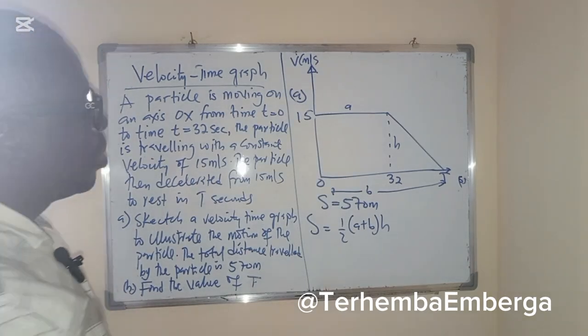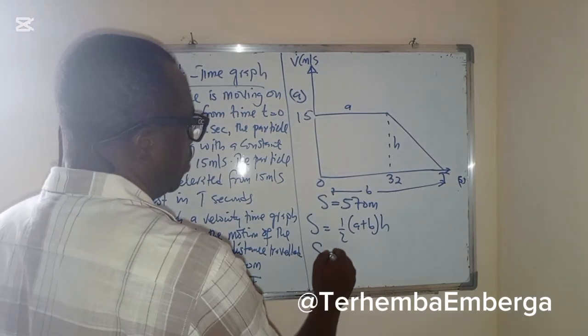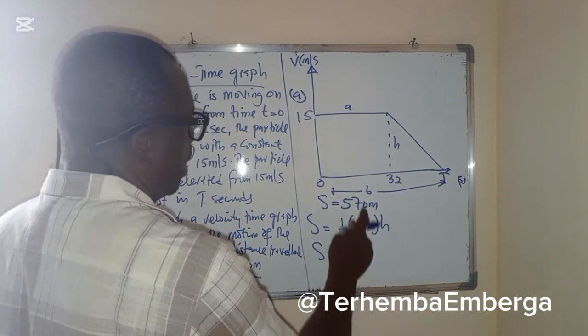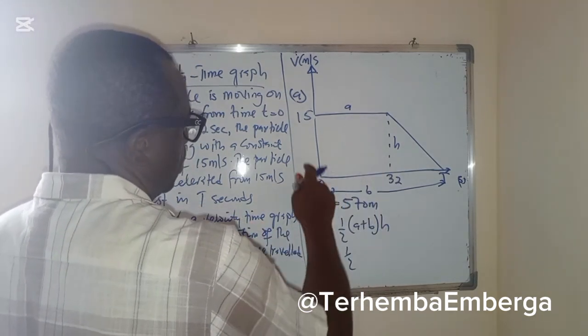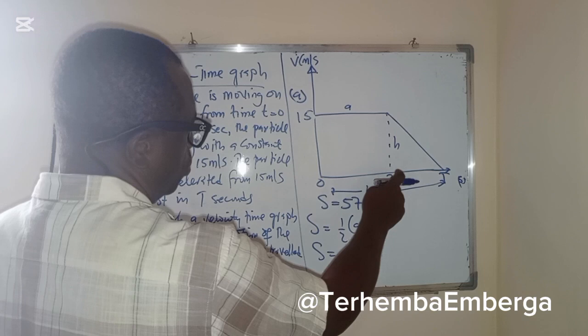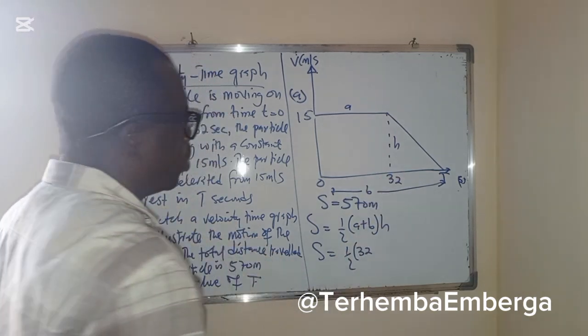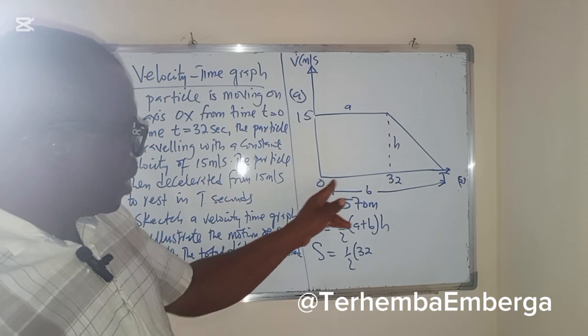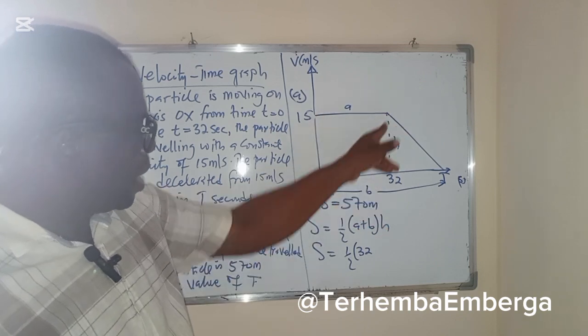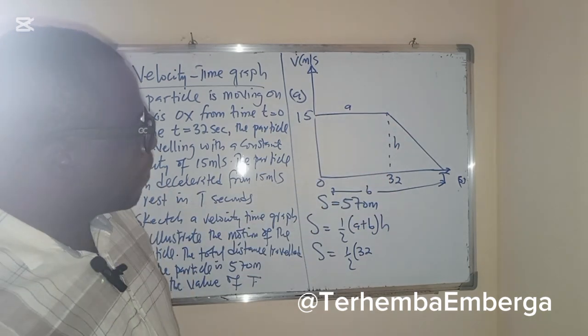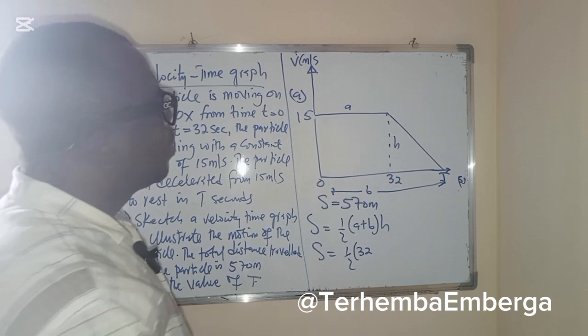So we can say that S is equal to half. Our a is 32, the distance from here to here is 32. What of b?